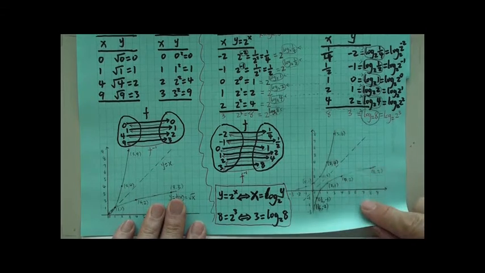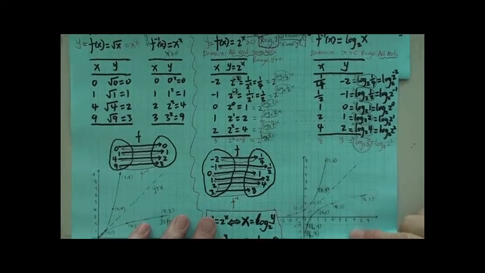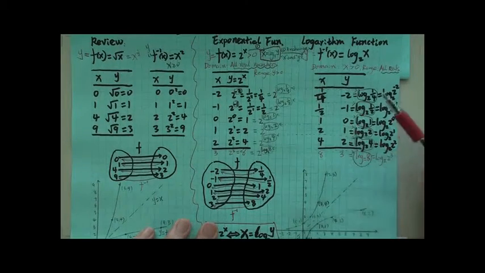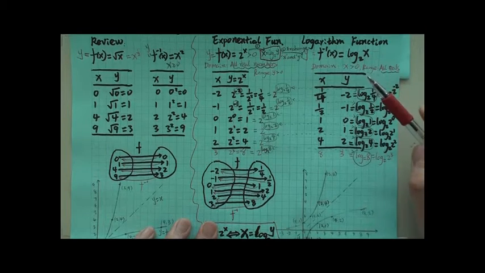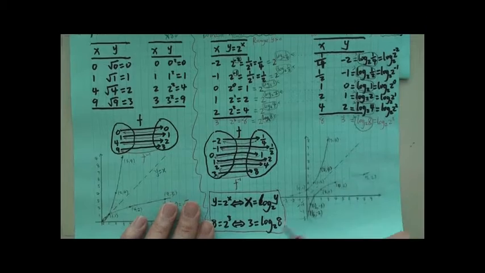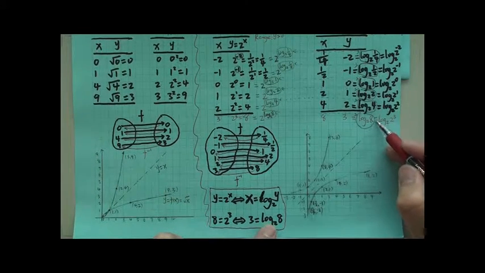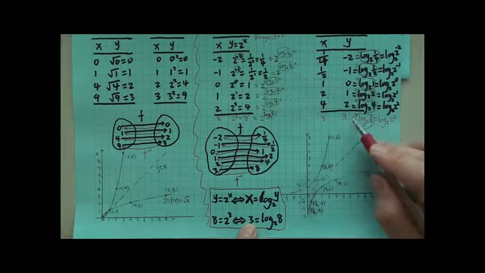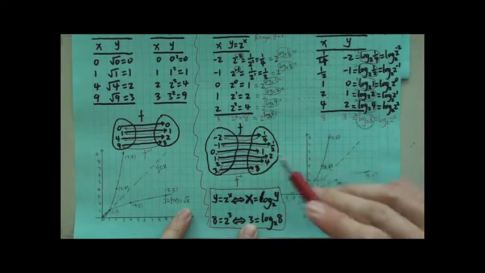Okay? Now, here are all the things we put together. Now look. Here we have 8, log base 2. Log base 2 of 8, we know it's 3. Yes, you know, 2 cubed is 8.